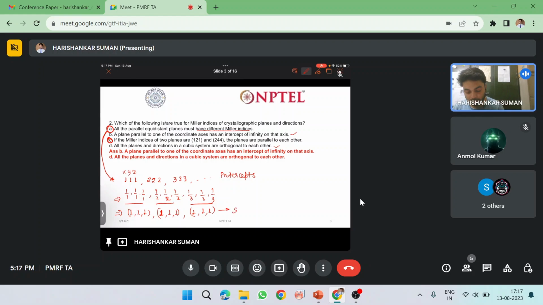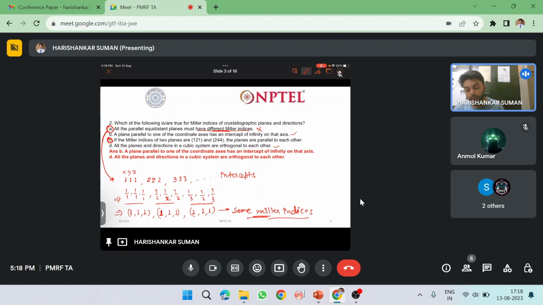These are the same Miller indices of a set of parallel planes which are equidistant. So they must be different? This is the same. So this is not true. Clear?